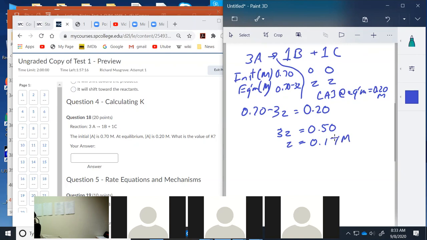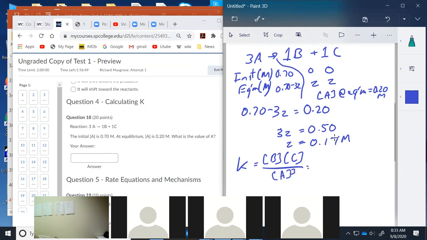And then we can substitute all of that into our equation there. So what have we got? We got Z, we got Z, we got the A. So it's going to be K equals B C over A cubed.